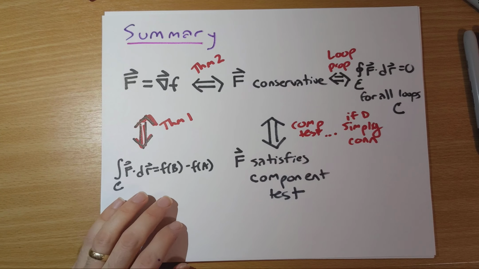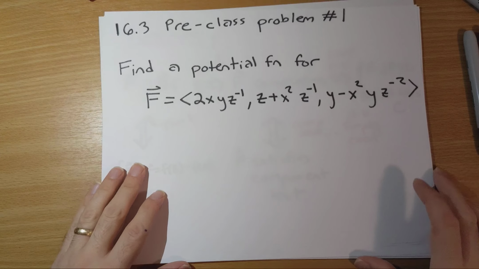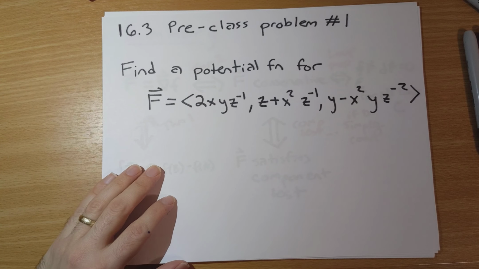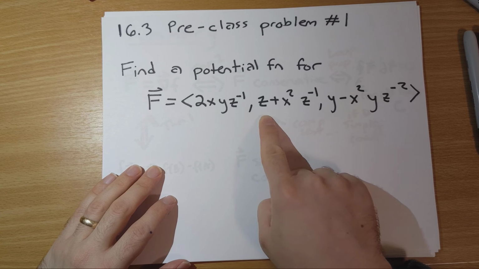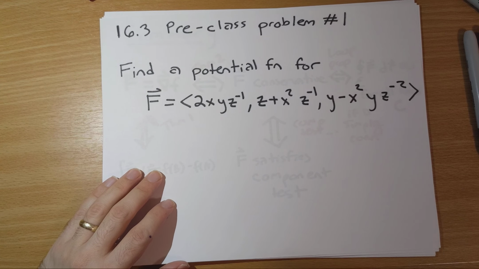You know F must satisfy the component test. Everything here is interchangeable. Okay, to wrap this up, let's have you practice finding a potential function. Find a potential function for F = ⟨2xyz^(-1), x²z^(-1), -x²yz^(-2)⟩.